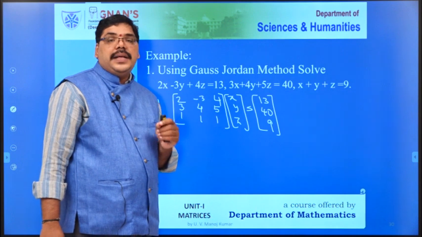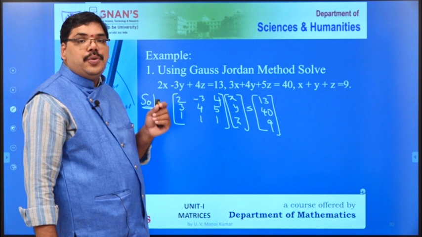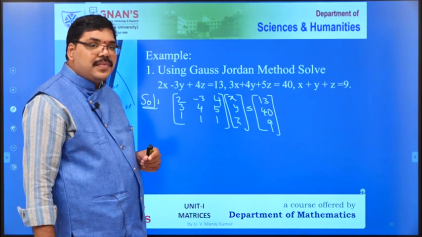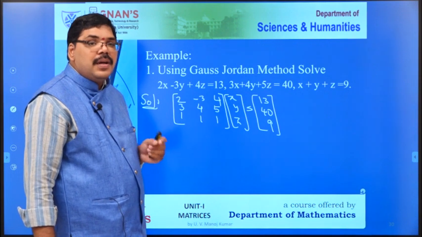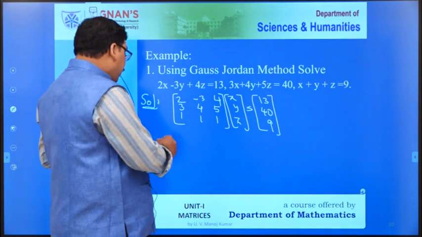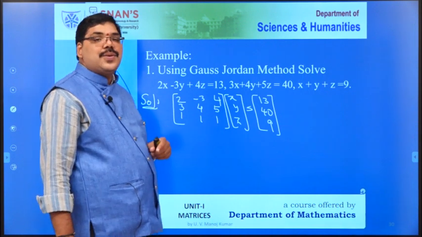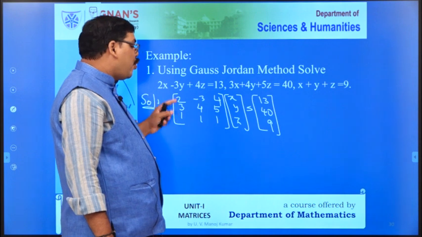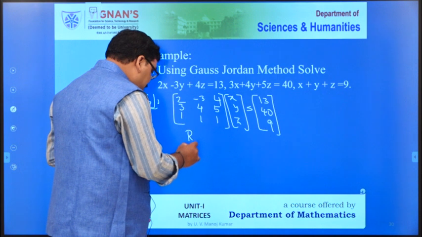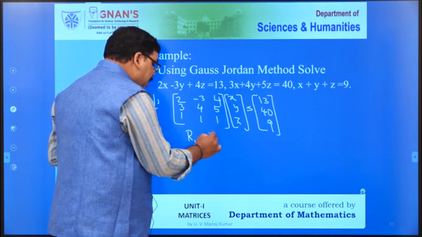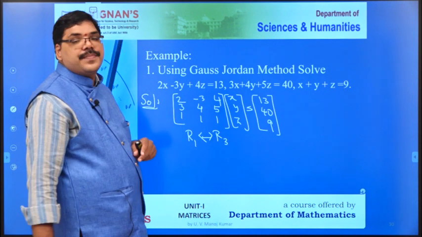After completing this, we want to apply row operations on A to reduce it into which form? In Gauss-Jordan method, A should be reduced into normal form. So apply row operations. Here also I want to apply first a rows interchange. Why? Because I want the first element to be 1, then you can easily calculate correct row operations.